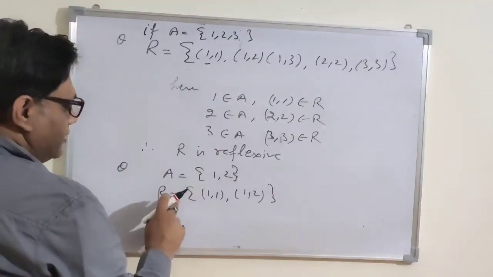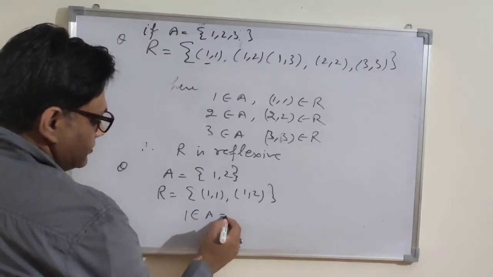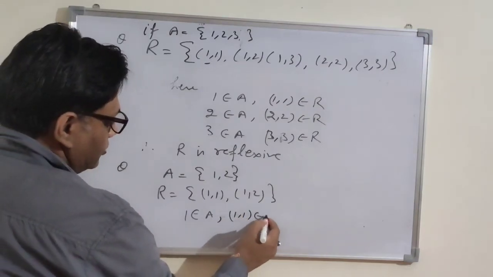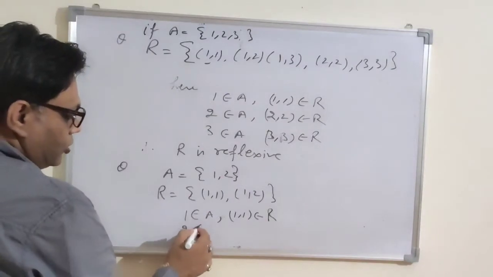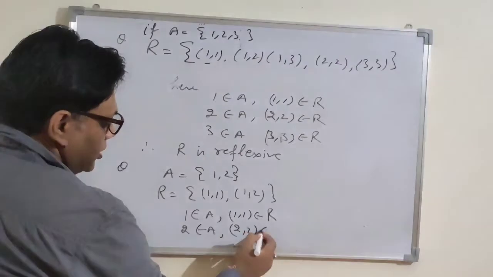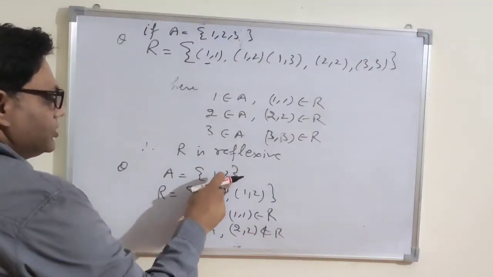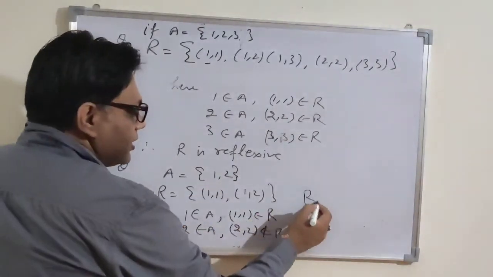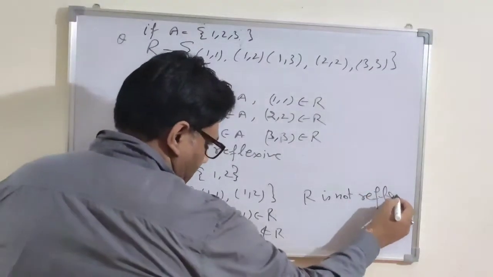So here 1 belongs to A, and (1,1) also belongs to R. 2 belongs to A, but (2,2) does not belong to R. So all elements of A are not related to itself. So R is not reflexive.